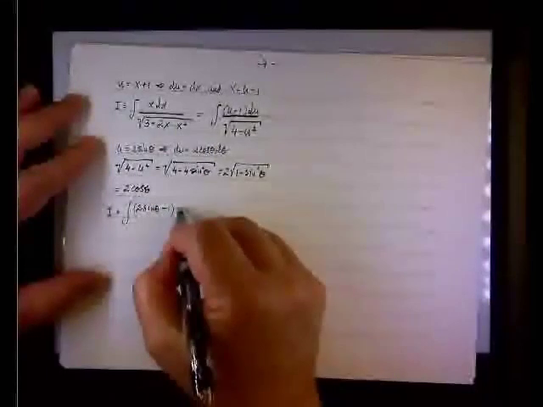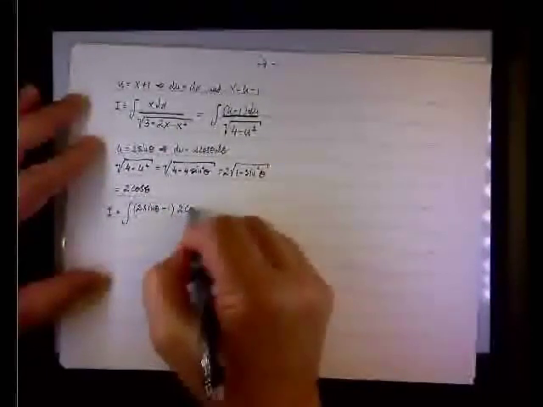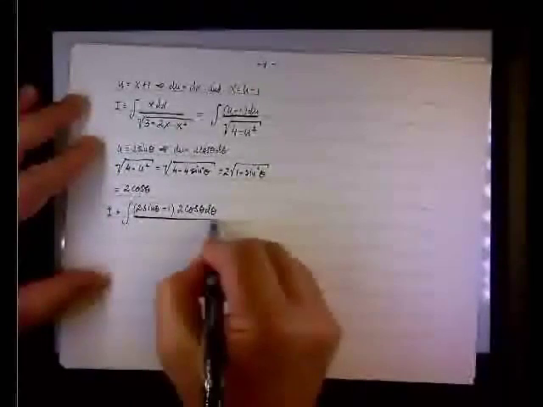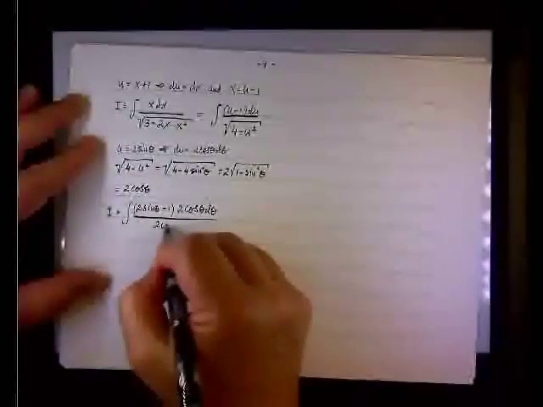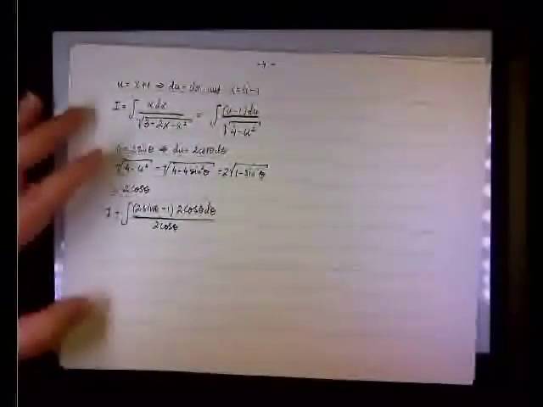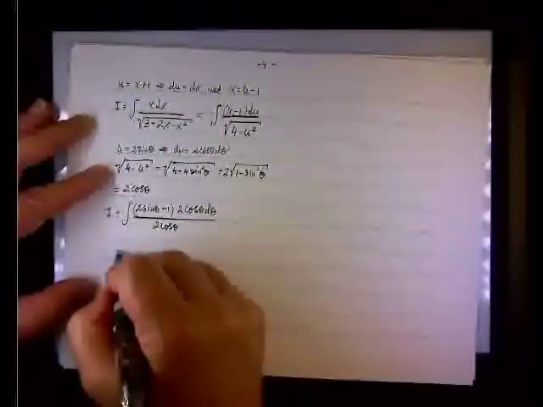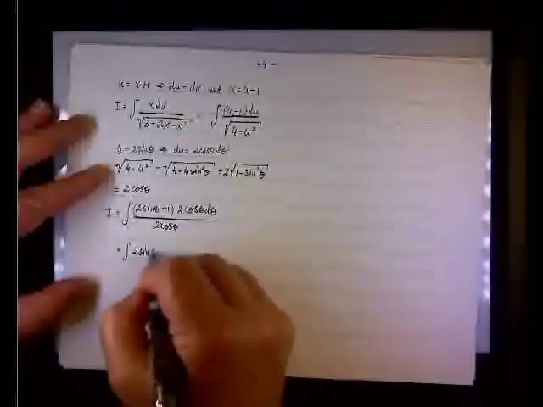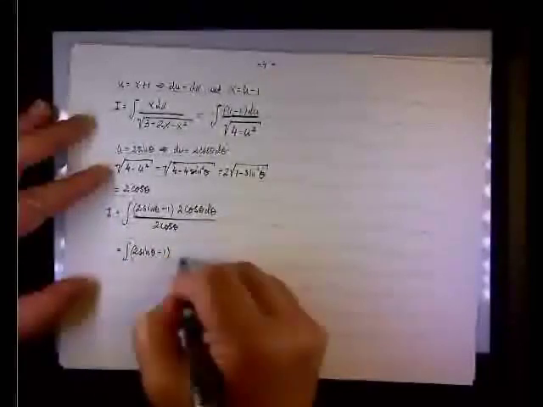And du is 2 cosine theta d theta. And here we have 2 cosine theta. So that's kind of nice, because everything cancels. So we end up having the integral of 2 sine theta minus 1 d theta.